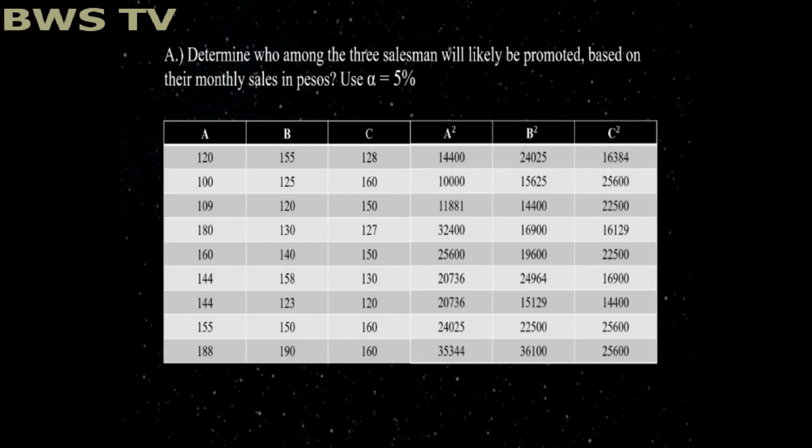The summation of A is 1,300, B is 1,291, and C is 1,285. Then we have the A squared, which is 195,122, the B squared, 189,243, and the C squared, 185,613.